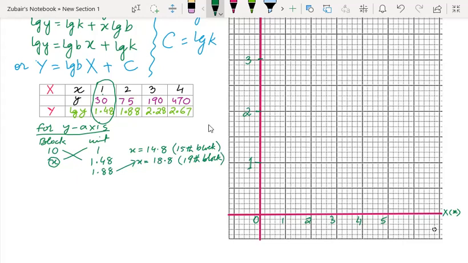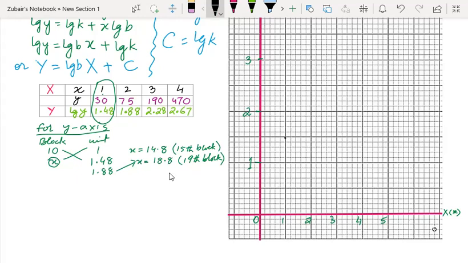Now we should plot these two coordinates. So 1 and 1.48, where should I go? The 15th block. So 5, 10, 15. This is the 15th block, but this is 0.8, so more than half, it should be like this.